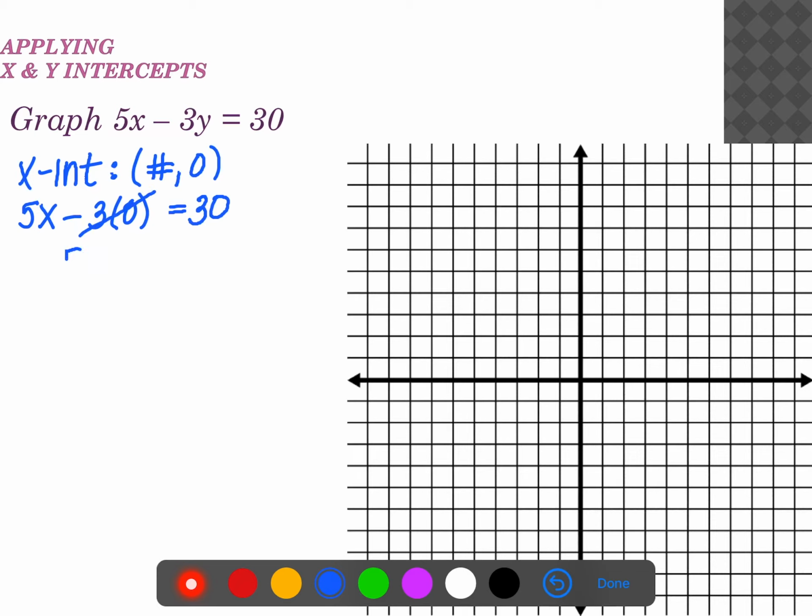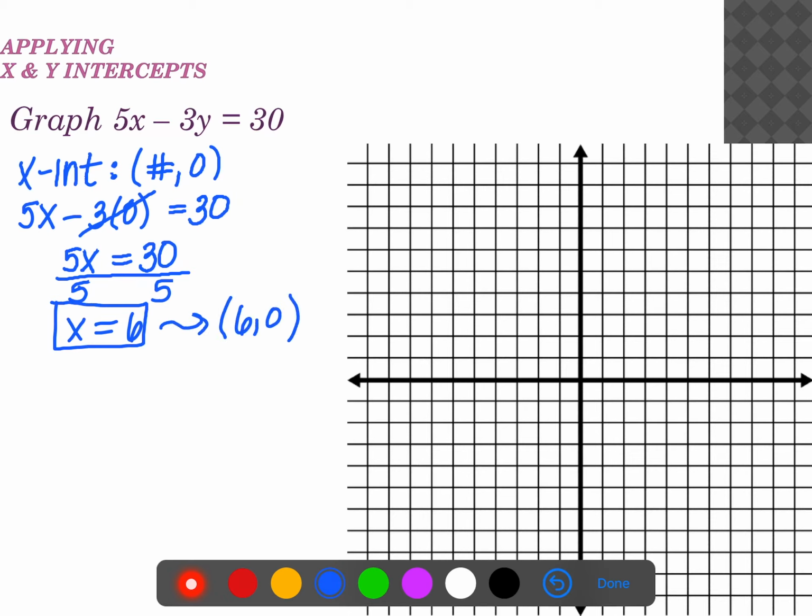Well, if I put a 0 in there, that's essentially canceling this out. And now I only have one variable left in my equation. And I can solve. So I get x equals 6. But remember, the x-intercept is an ordered pair. So it is 6, 0.